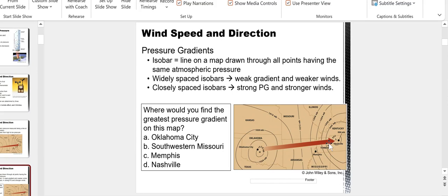They're also responsible for the speed of the wind. So in this example, the pressure gradient, or the change in pressure, is the greatest closest to this low pressure center. And for that reason, the wind is going to be moving quicker or faster closer to this area, which we will call Memphis and Nashville.